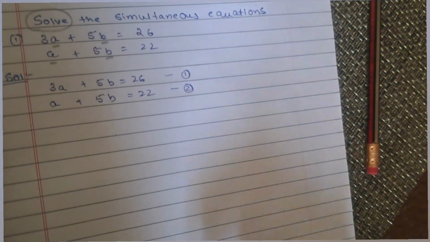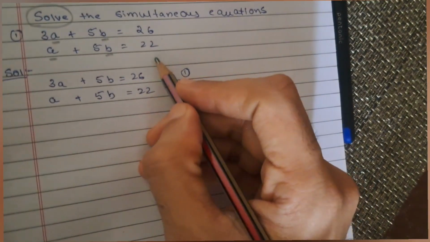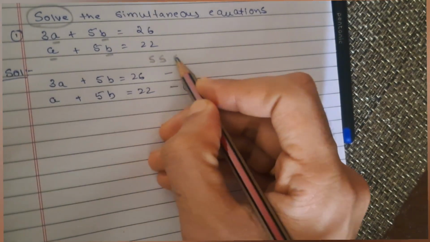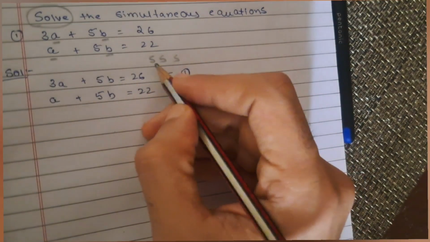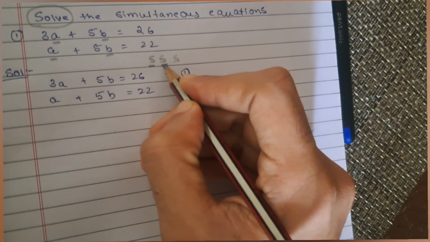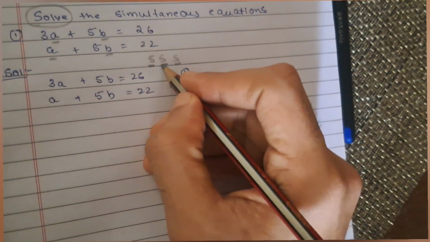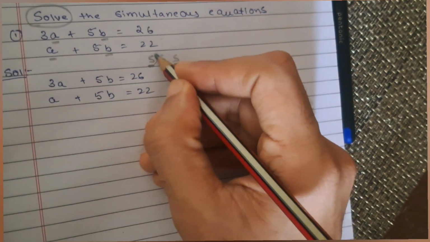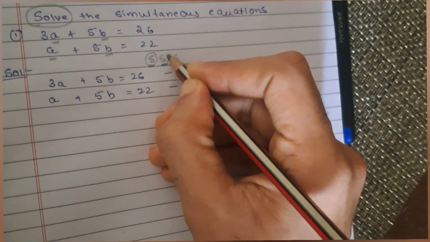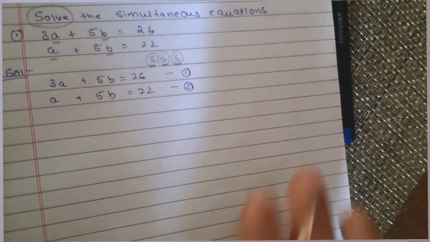Once the equations are numbered, just remember this trick which I am telling you right now. SSS means what? If you see same term, same sign, then subtract them. I repeat, SSS means if you see same term with same sign, then you can blindly subtract them, and you will get the solution.